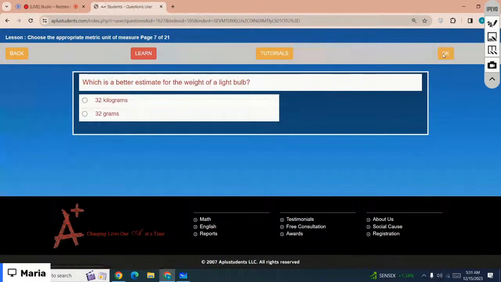Which is the better estimate for the weight of a light bulb? 32 kilograms or 32 grams?